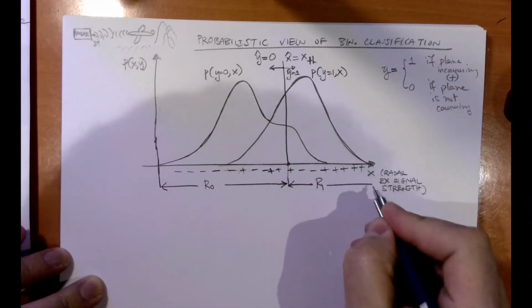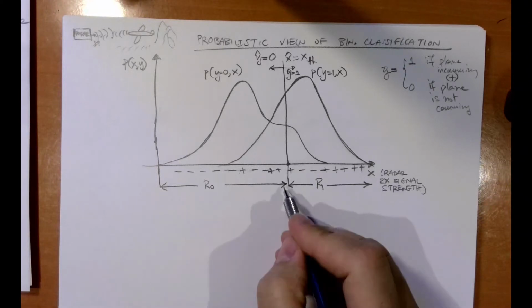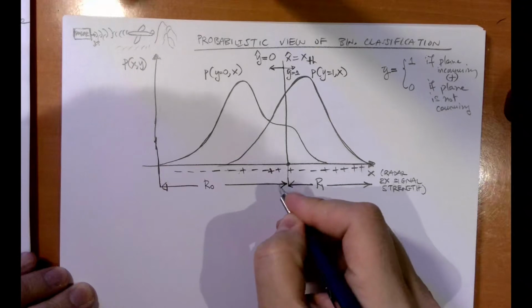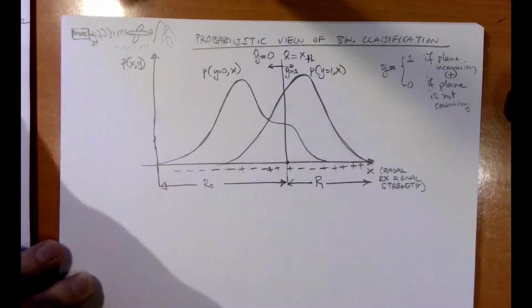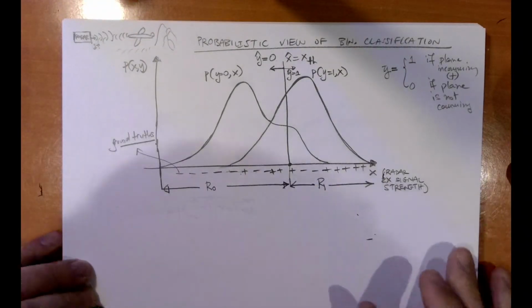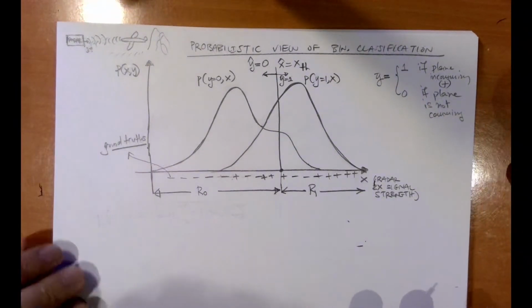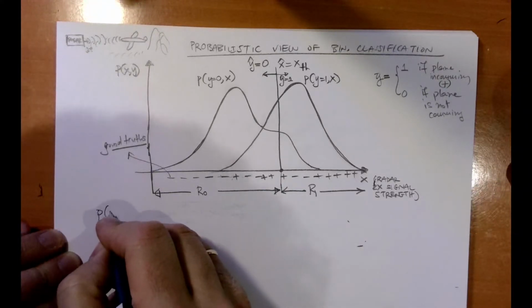The moment I introduce a threshold, I'm splitting this x-axis into these two regions, where the R0 region is on the left of the threshold, and the R1 region is on the right of the threshold. So now that the threshold has divided this line into two regions, I can start writing down the probability of making a mistake.